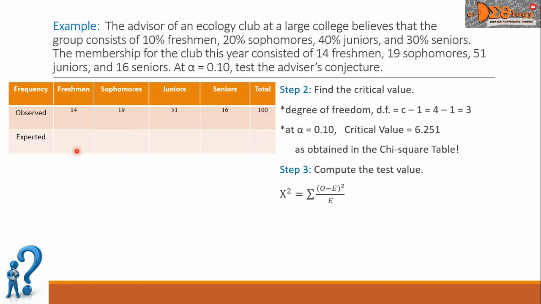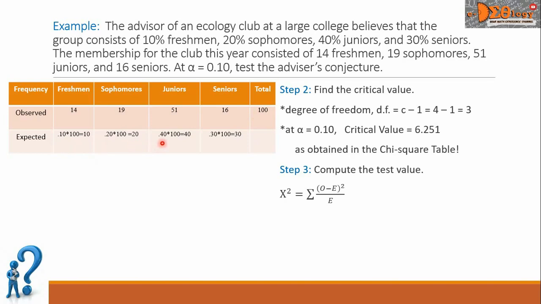Now let us compute the expected frequency. With respect to the corresponding percentage of each category, we multiply those percentages by the total number of the observed frequency. So we see here 0.10 times 100 equals 10. This is for the freshmen. For the sophomores, 0.20 times 100 equals 20.